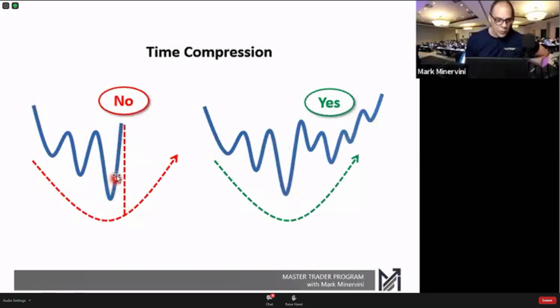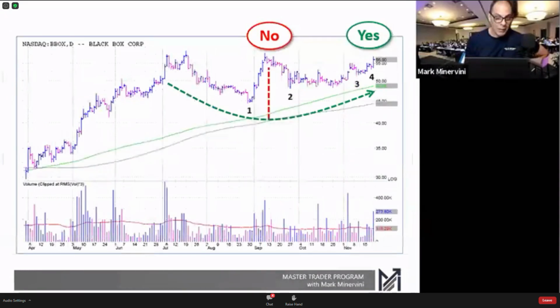That's when the stock is moving up too fast off the lows and doesn't have the time to allow for the supply to be weeded out. Just like the towel being squeezed and the water coming out, you need to allow that right side. So you'll see when you look at these charts, I'm going to show you where you might have been tempted to buy it, but you shouldn't have, looking at Black Box.